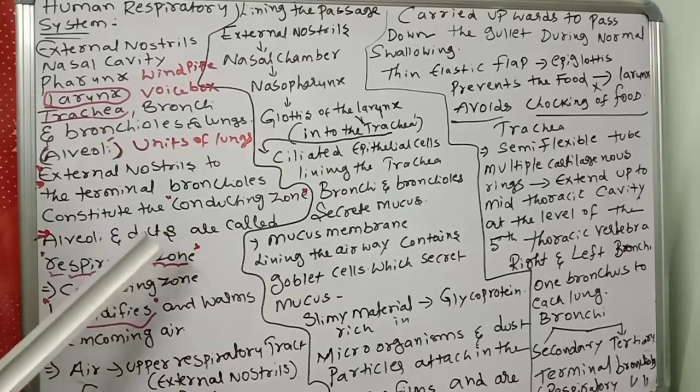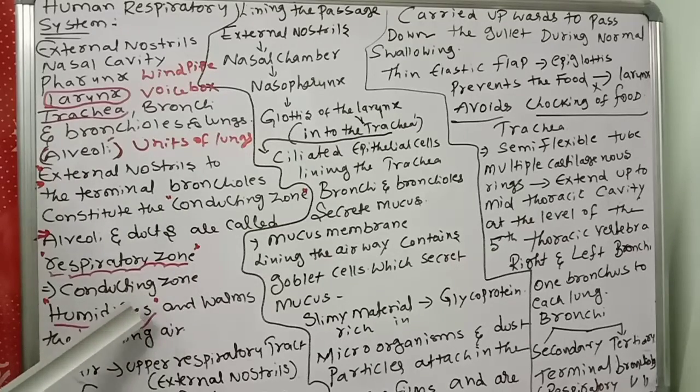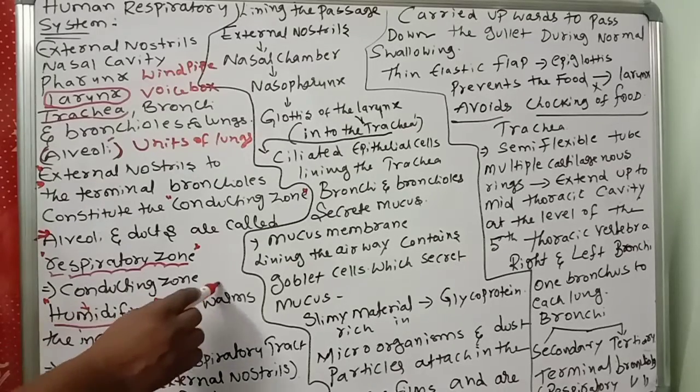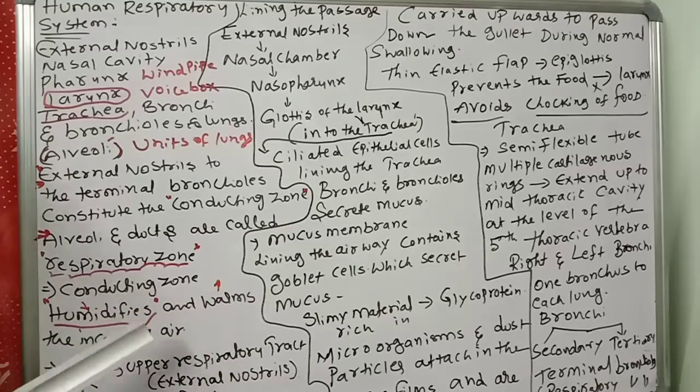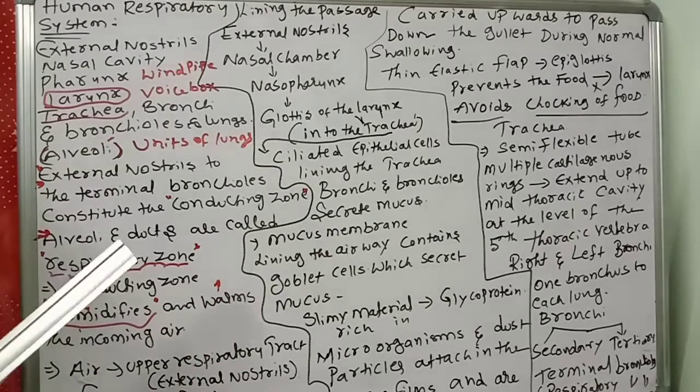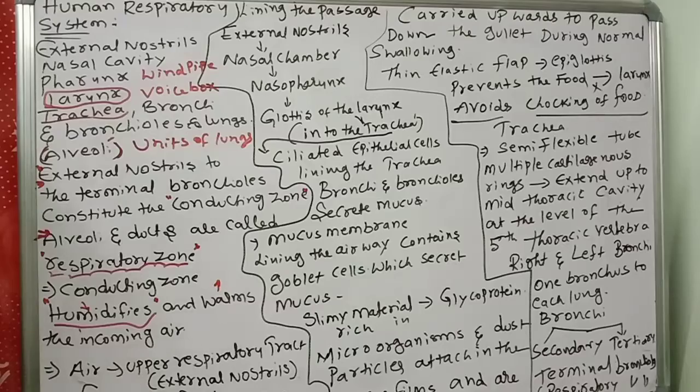Conducting zone, respiratory zone. What is the main function of the conducting zone? It humidifies and warms the incoming air. Next, air goes to the upper respiratory tract through the external nostrils and is filtered by fine hairs and mucus lining the passage.